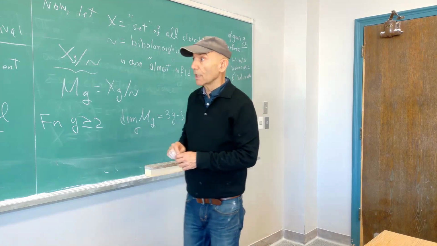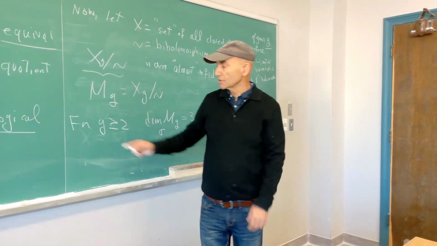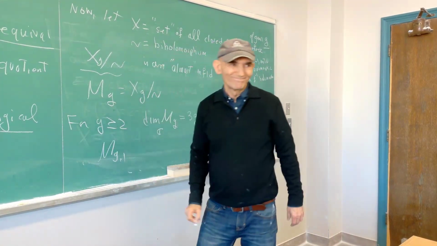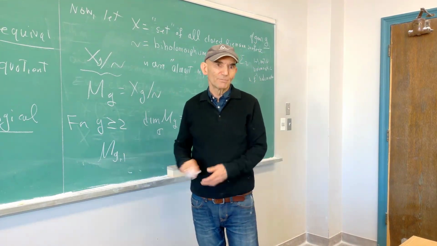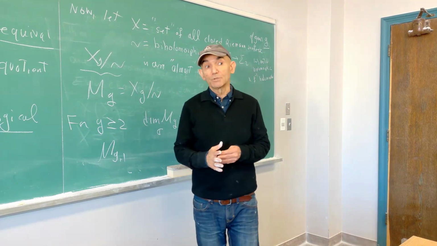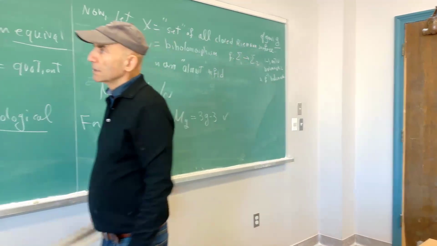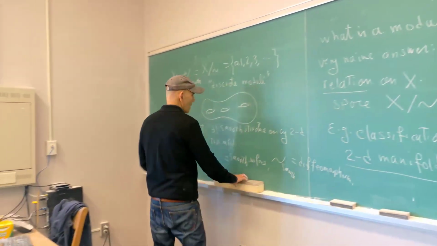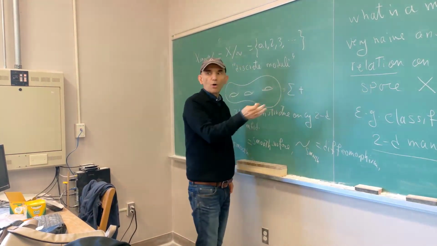But here, in Zagier's theorem, I have also not just this one, I have M_{g,1}, not M_g. So let me tell you what is M_{g,1}, and in general, what is M_{g,n}. So in general, what you want to do is take a Riemann surface sigma plus n marked points.